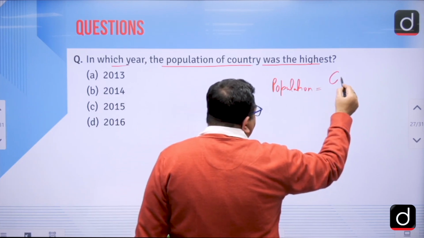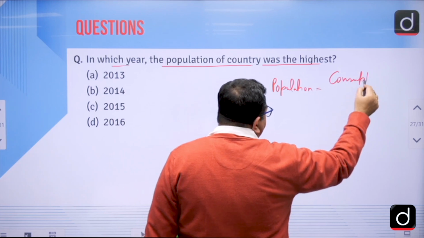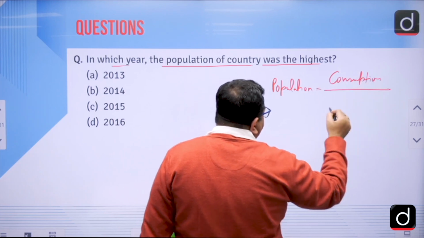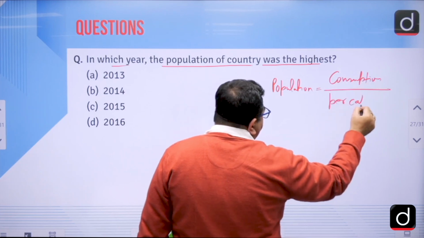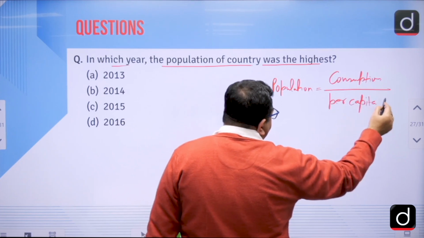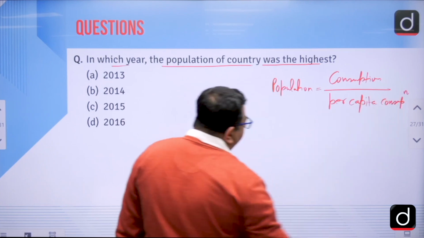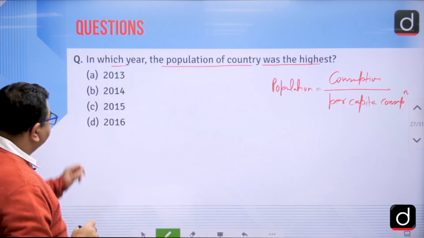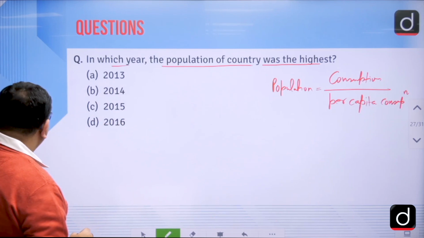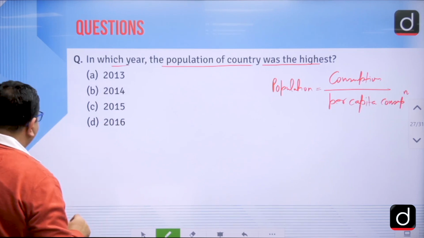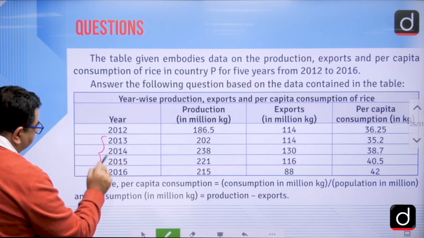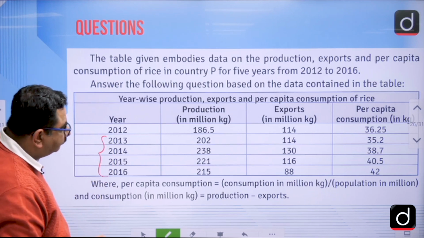Total consumption divided by per capita consumption, right? Okay, now let's see for 13, 14, 15 and 16. So for these 4 years we have to check.